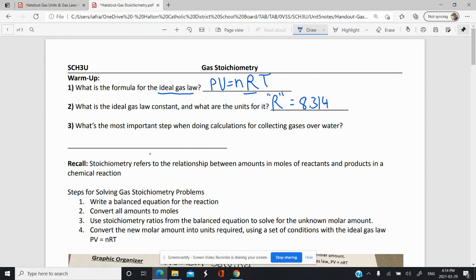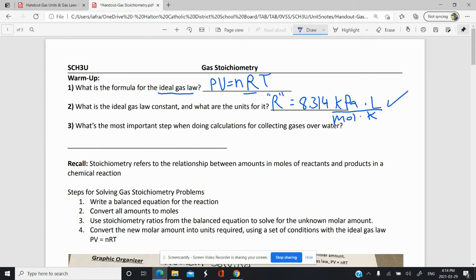So our units are going to be kPa·L over mol·K. When you plug that into your formula, they'll all cancel out to give you what you're trying to get to in the end. So that is the ideal gas law constant, 8.314, with these units.